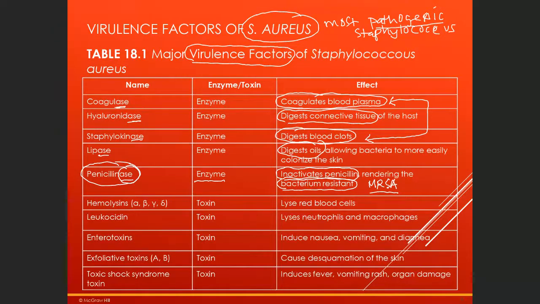Now the toxins usually end with IN, like hemolysin, leukocidin, enterotoxin, exfoliative toxin, and TSS toxin. So these are the virulent factors of the toxin type.